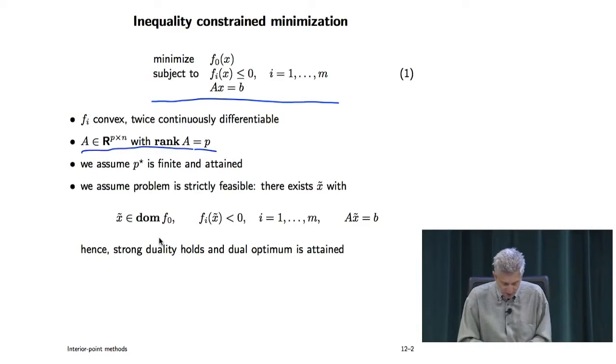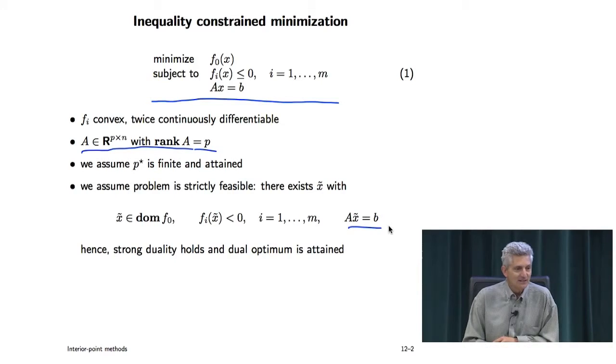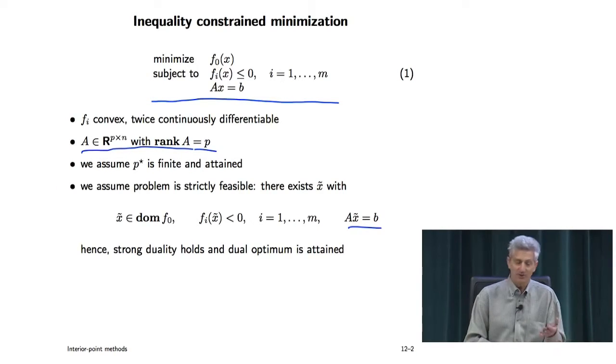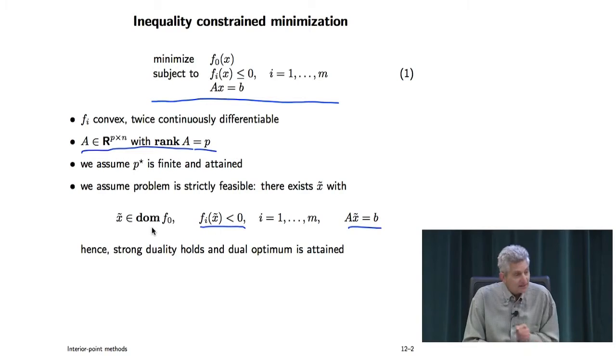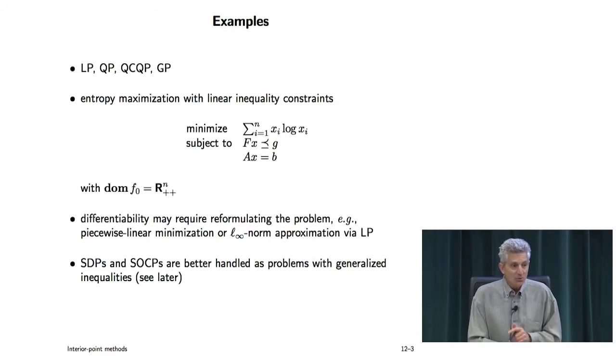You don't need any Slater condition for equality constraints, because the modified Slater condition says you can ignore linear equality constraints, which is the only kind of equality constraints you can have, and linear inequality constraints. So we ignore those entirely. This says simply that the interior of the domain intersects the equality constraint. Actually, sorry, the domain is open because we're assuming they're differentiable. So it says the domain intersects the equality constraint, and this says things like strong duality holds and the dual optimum is attained. Okay, so what are examples?